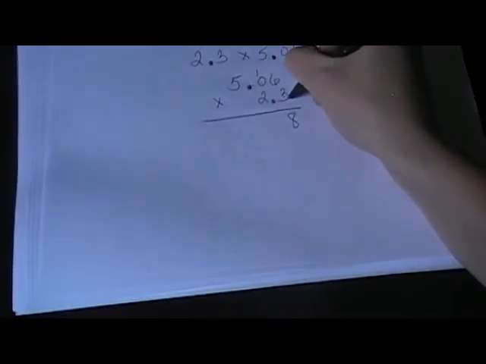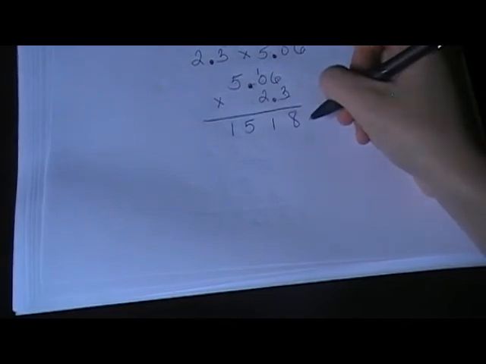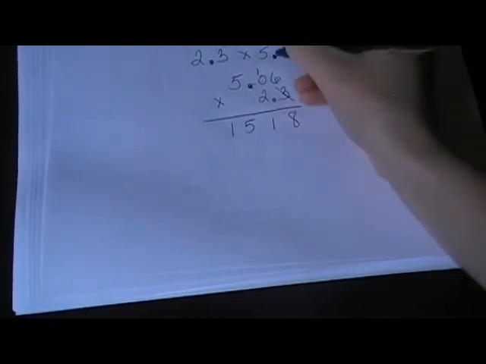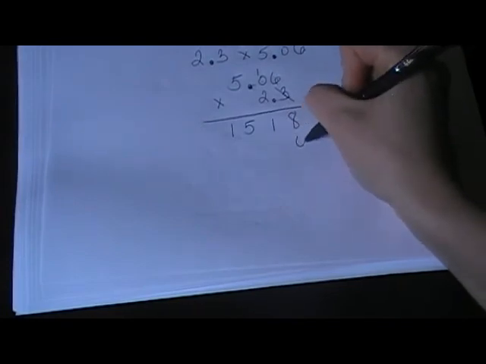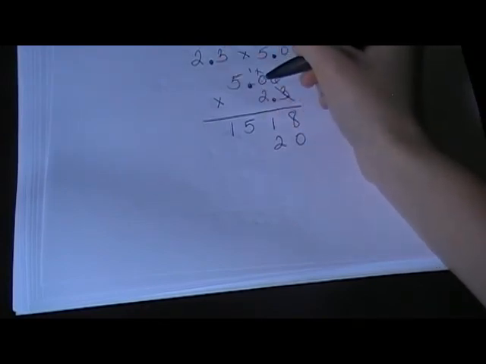So 6 times 3, 18. 0 times 3 is 0, plus 1, 1. 5 times 3, 15. Again, no decimal point in the partial product. So we've used the 3. Let's move on to this. We need a placeholder. 6 times 2 is 12. 0 times 2, 0.